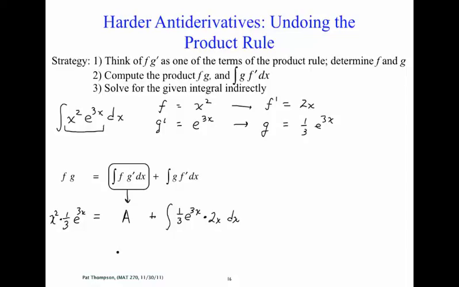And the antiderivative of e to the 3x, we know is either 3x. Did we find ourselves an easier antiderivative? Kind of. Maybe it's not easy yet, but it is easier.